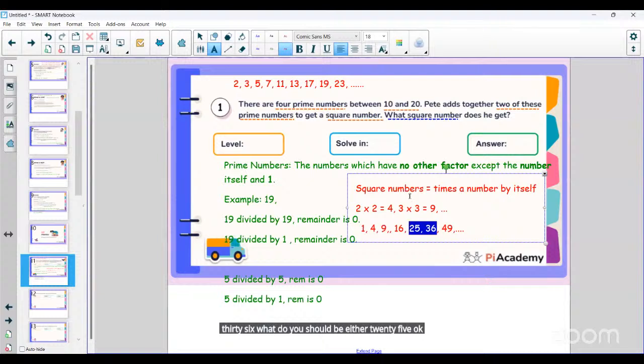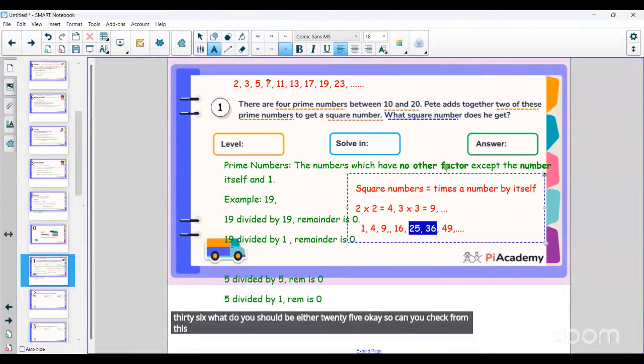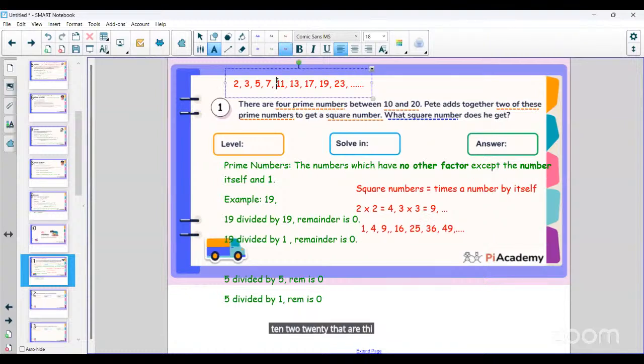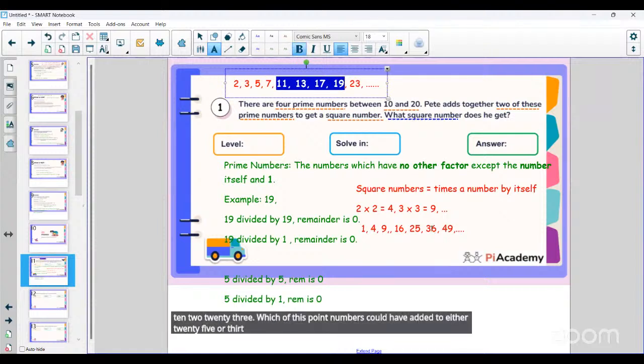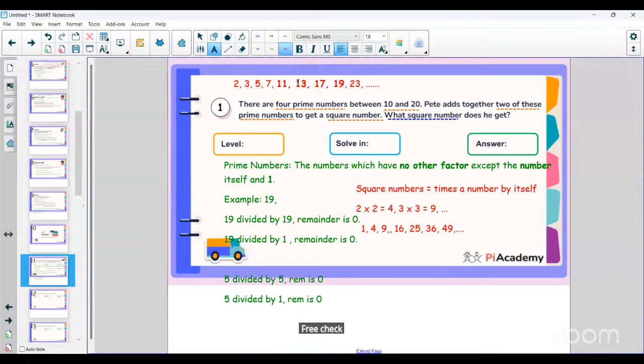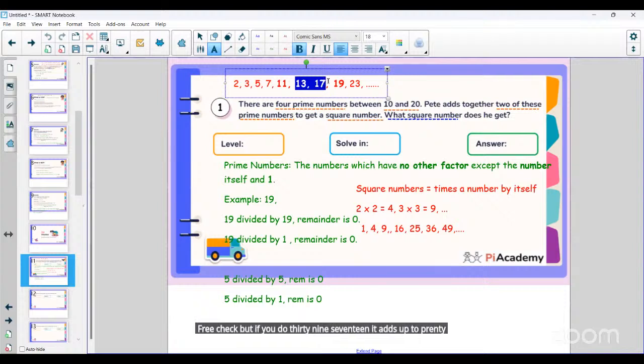So can you check which of the 4 prime numbers between 10 and 20 could add up to either 25 or 36? If you check, 13 and 17 add up to 30.